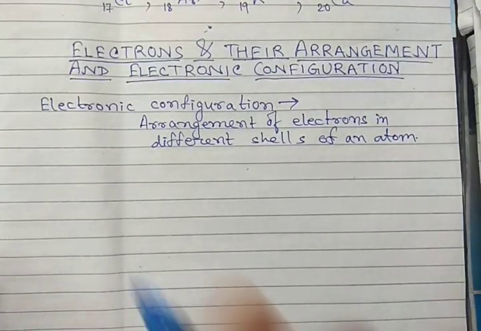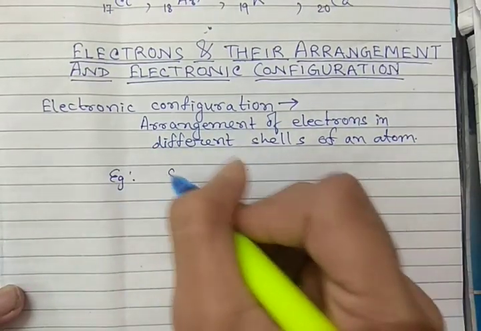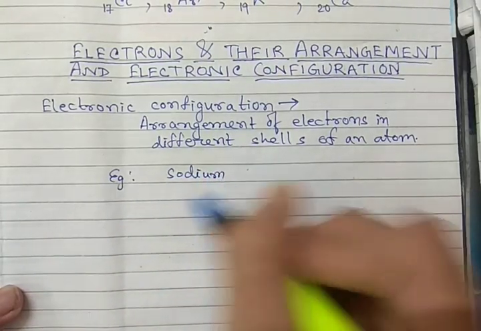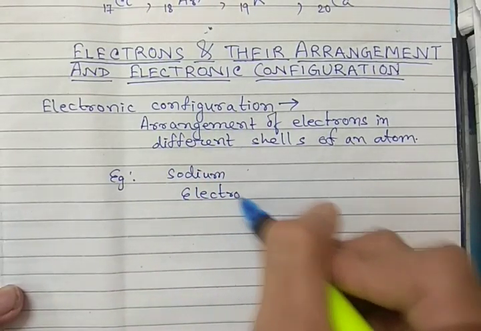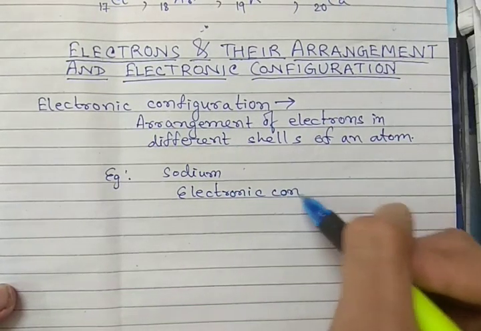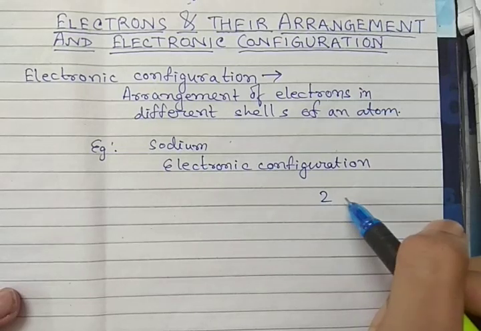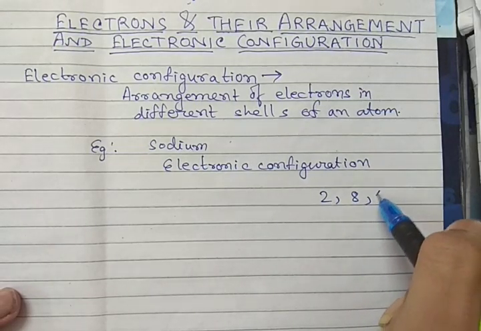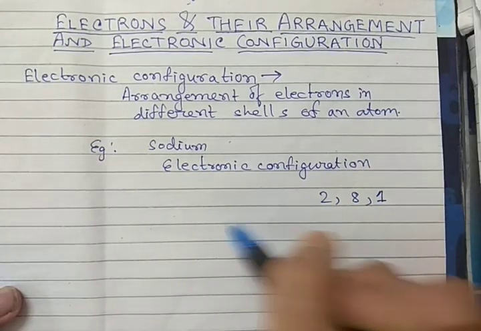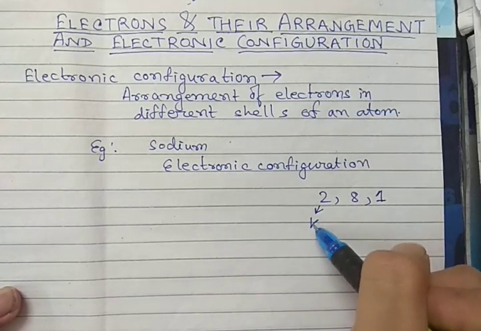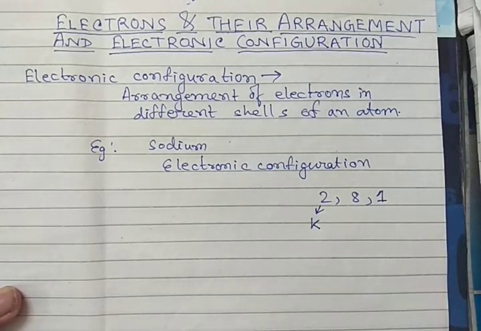Let me give an example. Let us take the example of sodium. Sodium has electronic configuration 2,8,1. Okay, this means in its first shell, which is closest to the nucleus, that is K shell, there are 2 electrons.